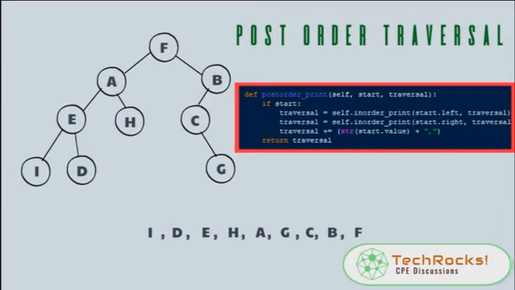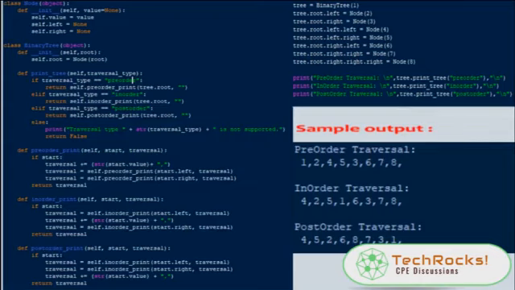And lastly, the root string value with a comma for the division of elements. Now, using the binary tree linked list implementation, here is the full code and output of the discussion. You may pause the video and take a while to review and analyze the code given on the screen.